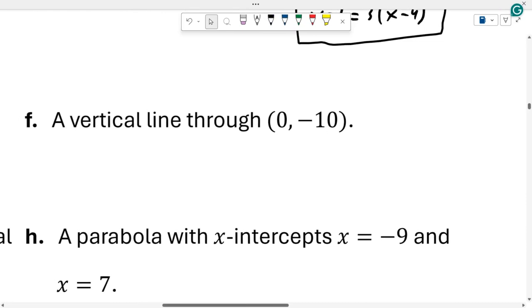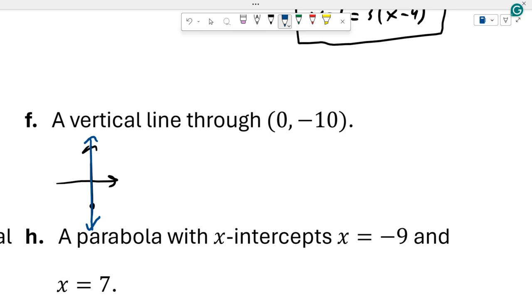F is similar. F is a vertical line through 0, negative 10. And again, if you get tripped up by this, you just do a quick sketch. 0, negative 10 is right there. So the equation we're talking about is a vertical line, so it looks like that. It actually turns out we're talking about the y-axis.